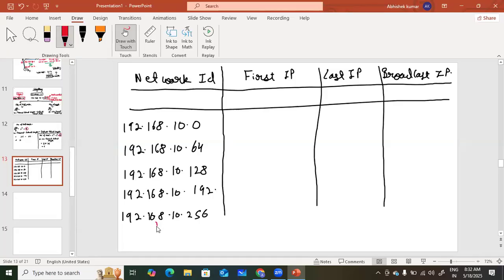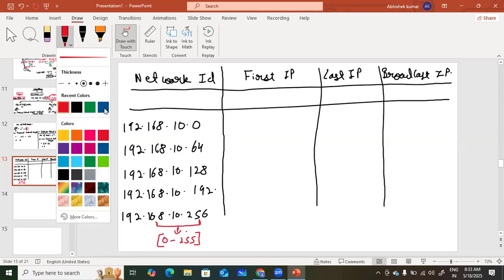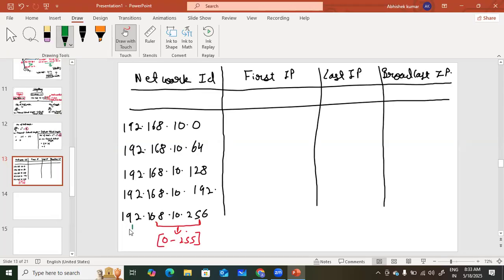From octet 2 to 4, I can only use numbers between 0 and 255 in the case of IPv4. And octet 1, the first octet, is used to identify the class. Am I clear with this? Anyone having any question?